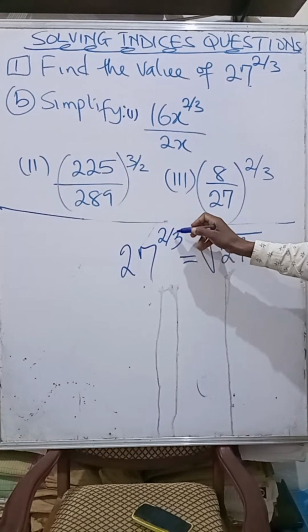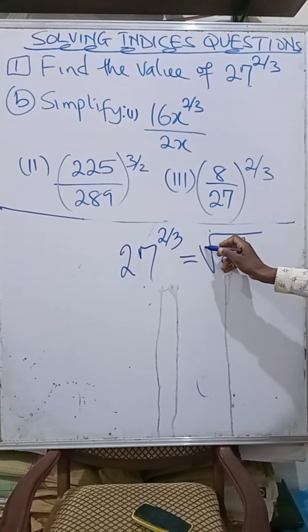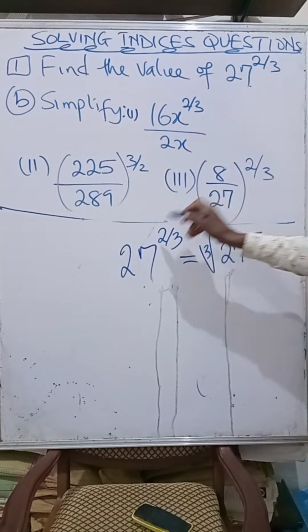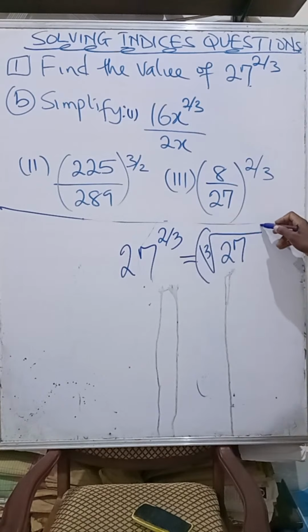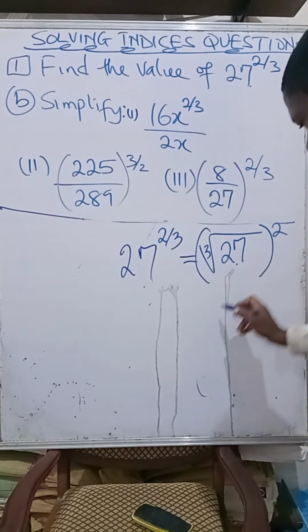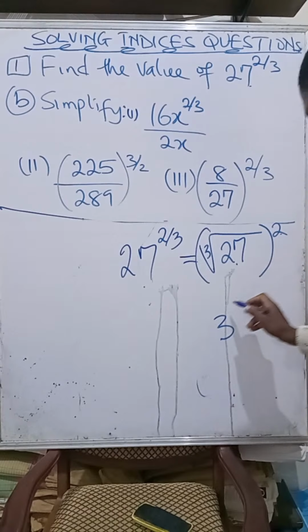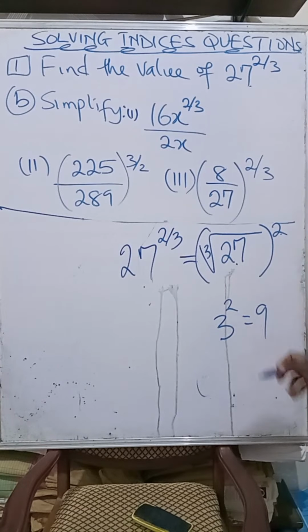The denominator of that exponent will be the root, that's 3. The numerator we enclose that. And then cube root of 27 is 3. And then 3 squared, that's what? 9. That's one way to solve this.